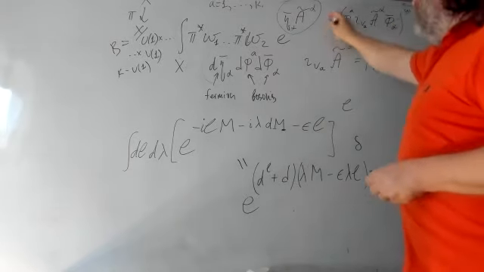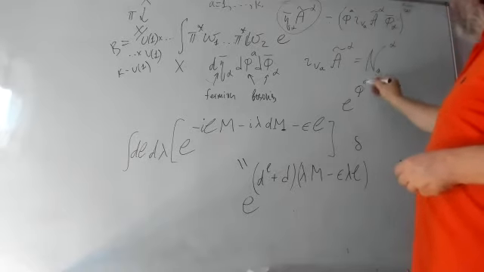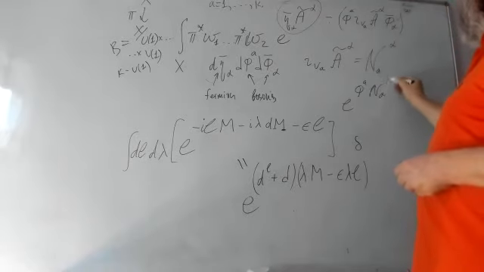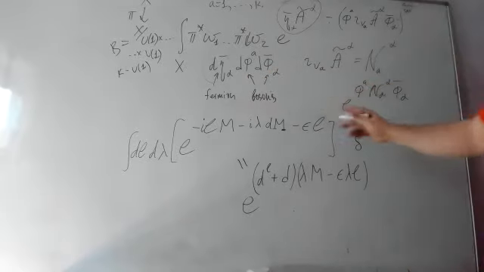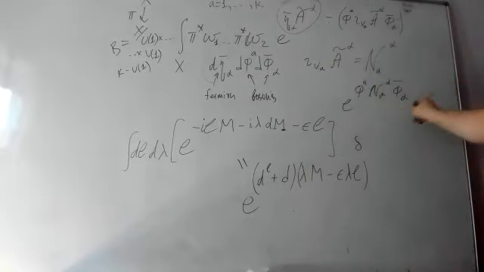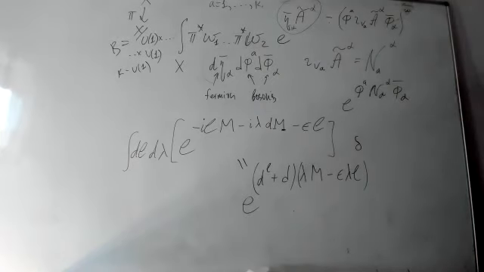Maybe here is a minus sign: phi A, N A alpha, phi bar alpha. So when we take integrals of phi and phi bar here, we get the determinant of M. It is just this normalization that we were looking for.